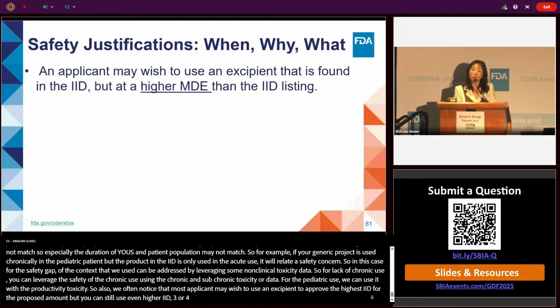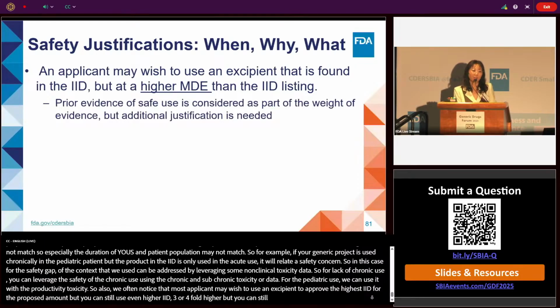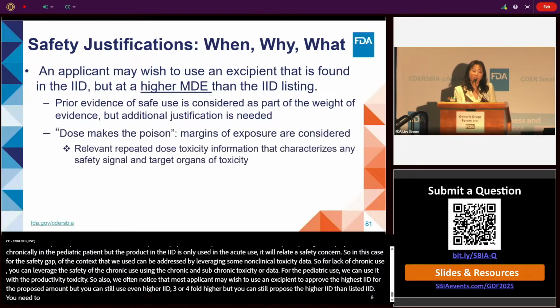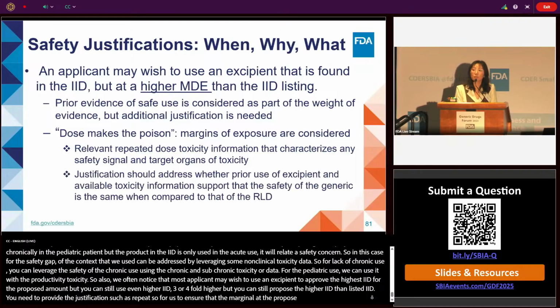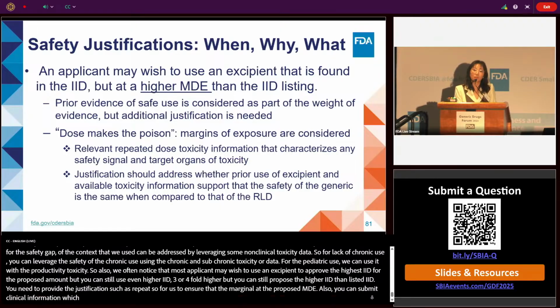You can propose a higher MDE than listed in the IID, but you need to provide justification, such as repeat dose toxicity information, for us to ensure the margin of exposure at the proposed MDE. You can also submit clinical information which shows safe prior use of the excipient in humans at the proposed level.